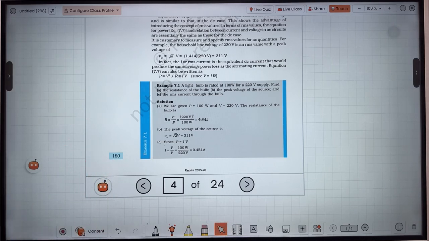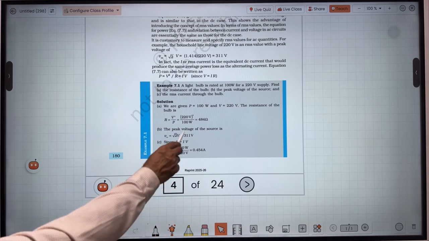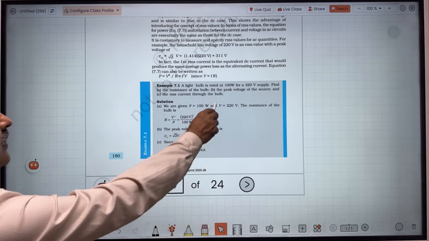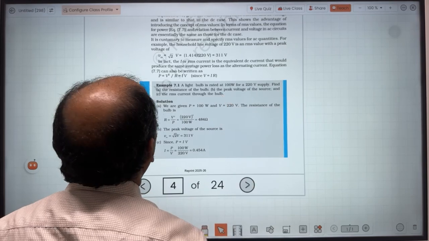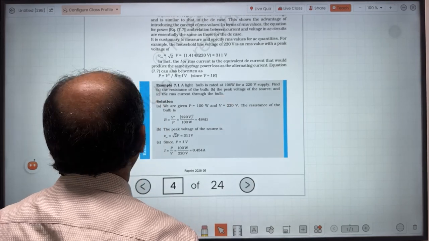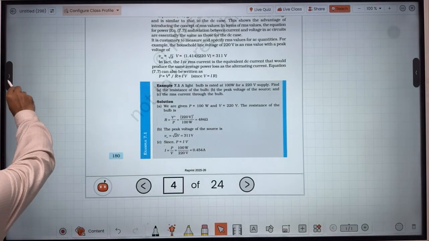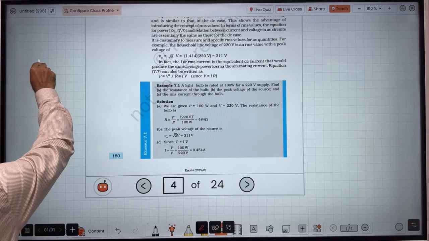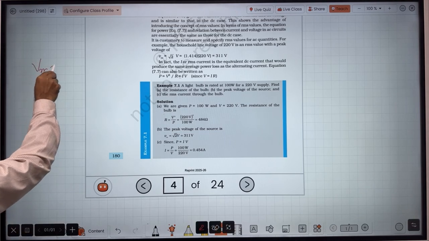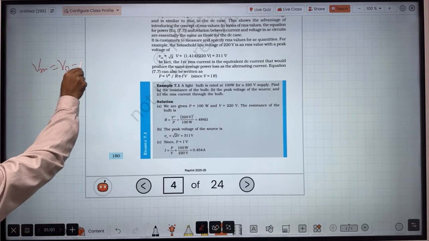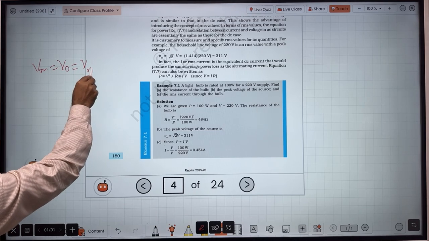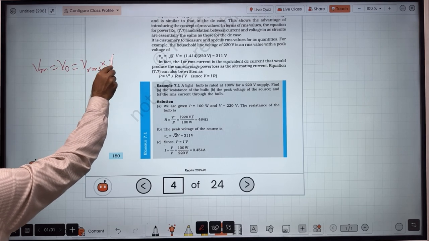Now our concern is to get peak voltage. So peak voltage, as you know, the voltage that we have got here is RMS voltage, because the rating of the bulb is done on the basis of RMS value. So we can get peak voltage. V maximum or V0 is equal to VRMS multiplied by root 2.